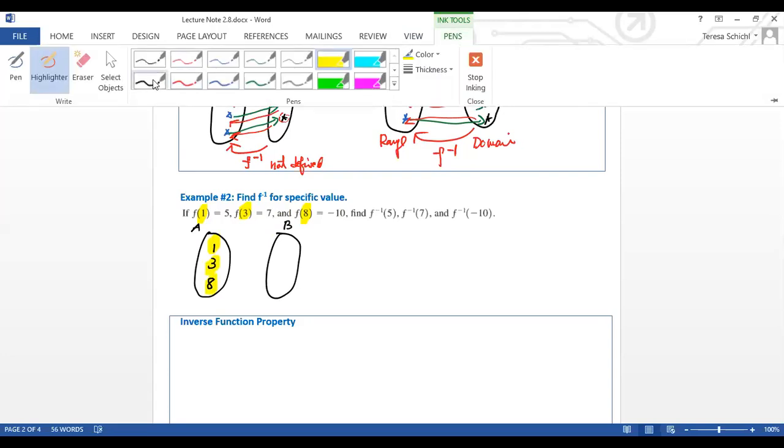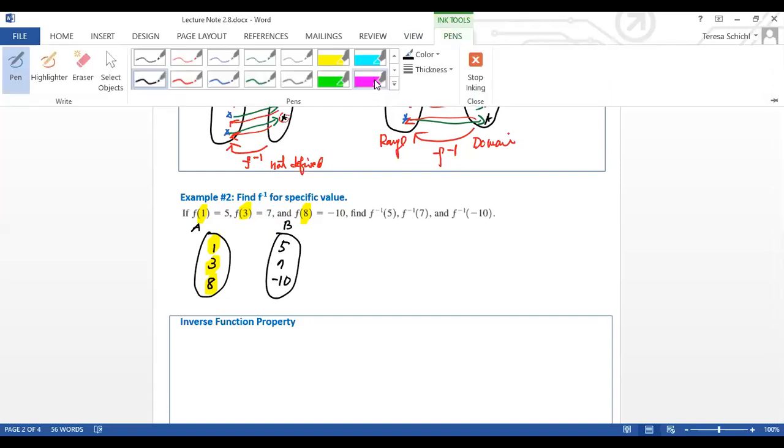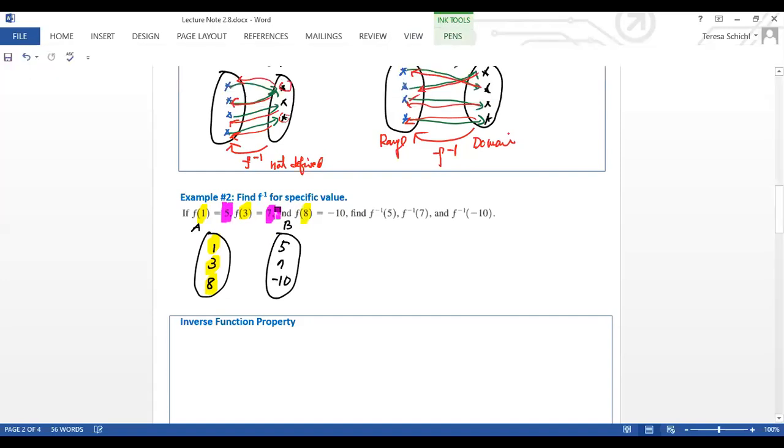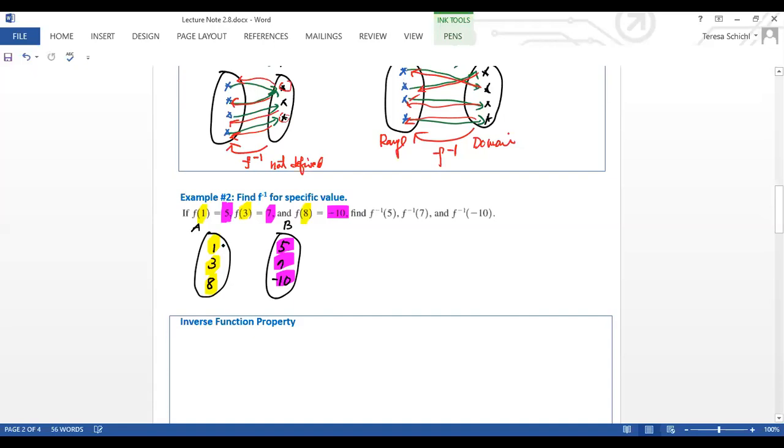And now I have 5, 7, negative 10, which will be my range here. The function I defined is f of 1 to 5, f of 3 to 7, and f of 8 to negative 10, right?